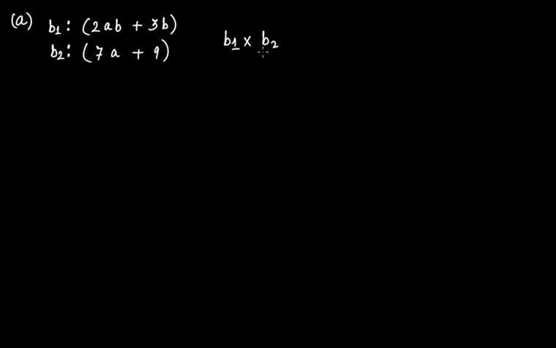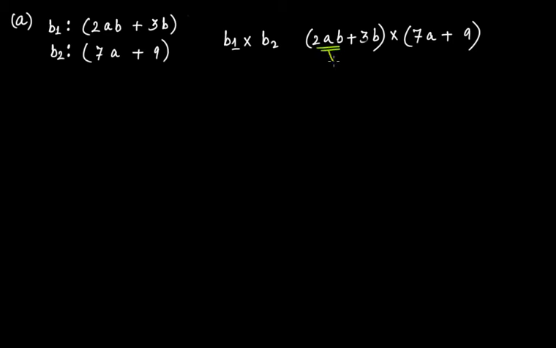So b1 multiplied by b2 means it's 2ab plus 3b multiplied by 7a plus 9. Okay, so this 2ab is the first term of binomial 1.